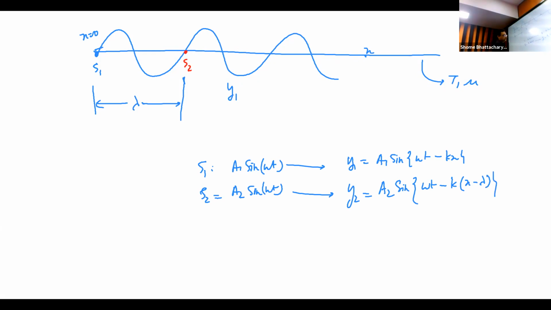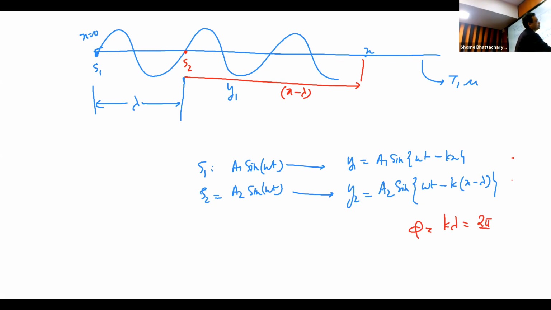So the wave from S2 traveling to the point x is traveling a lesser distance, a distance of x minus lambda. Now you can see that between this wave and this wave, the phase difference phi is basically k lambda, or 2 pi by lambda into lambda. So they are in phase.